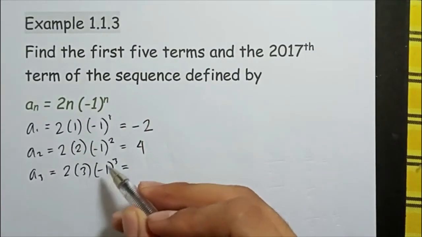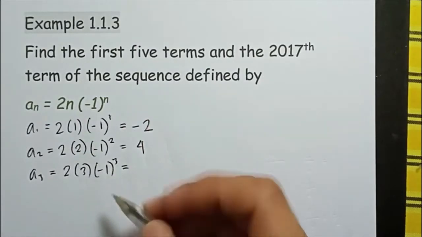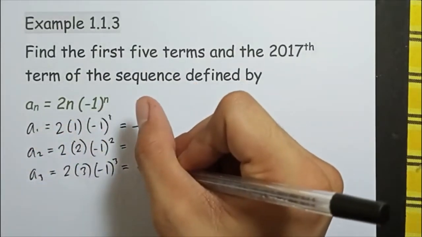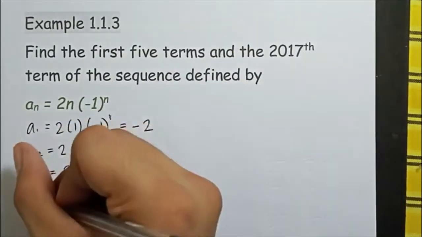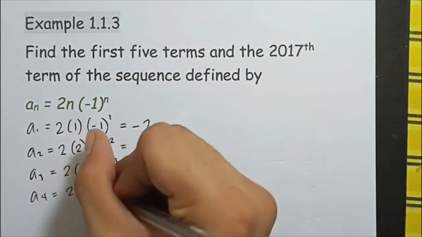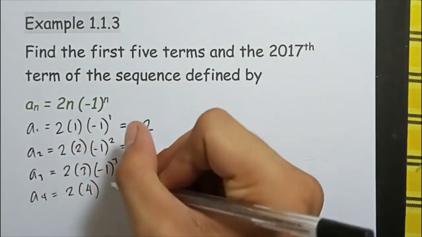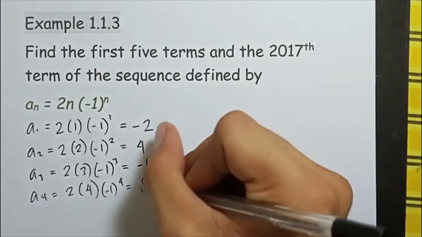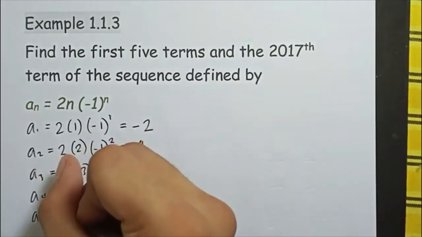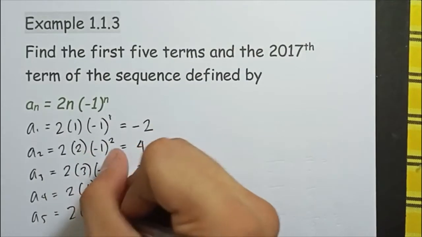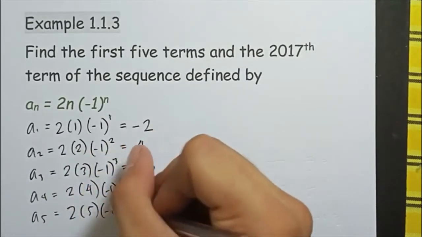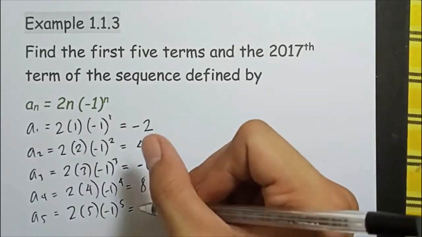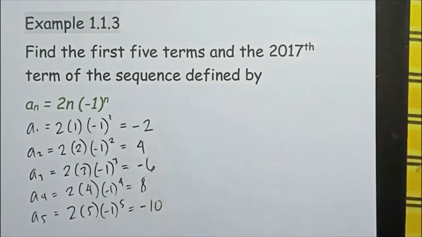Then, negative 1 raised to 3 is negative 1. Then 2 times 3 is 6. Magiging negative 6. Then a sub 4 natin, 2 times 4 times negative 1 raised to 4. The answer will be 8. A sub 5 equals 2 times 5 times negative 1 raised to 5 equals negative 10.